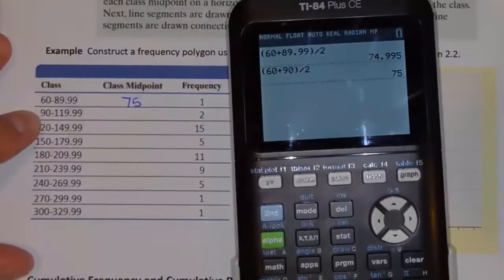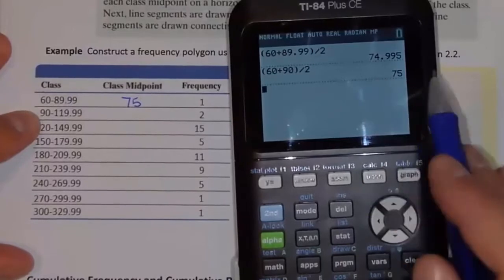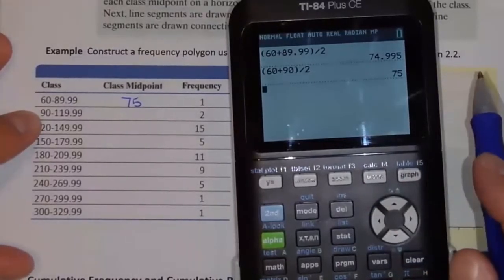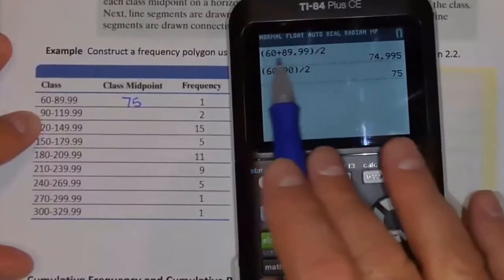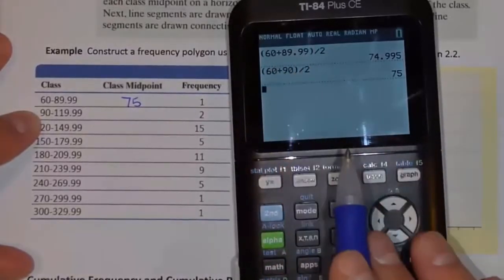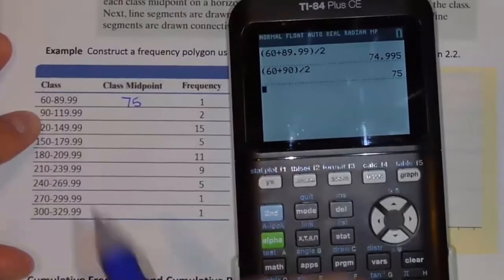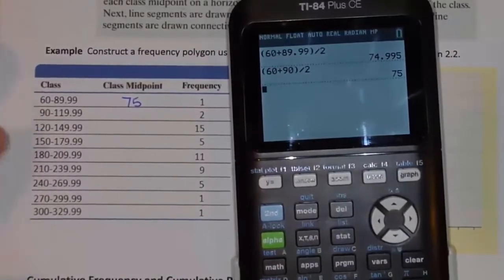Again, just to be clear, if you searched the internet for class midpoint, they might very well define it this way. You might find a resource that's defining it the first way that I showed you. We're going to do the second way. Which is better? It's debatable. Personally, I'm in the camp of the way we're going to do it.